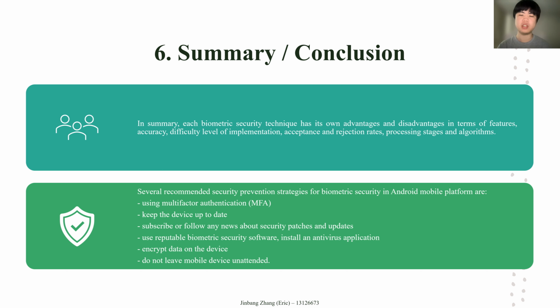Face recognition is also another popular method, but the accuracy can be affected by factors such as lighting and facial changes due to aging. In addition, voice recognition can be vulnerable to synthetic speech signal attacks. Lastly, iris recognition provides a high accuracy rate but requires specialized hardware, which could be costly and very difficult to implement.